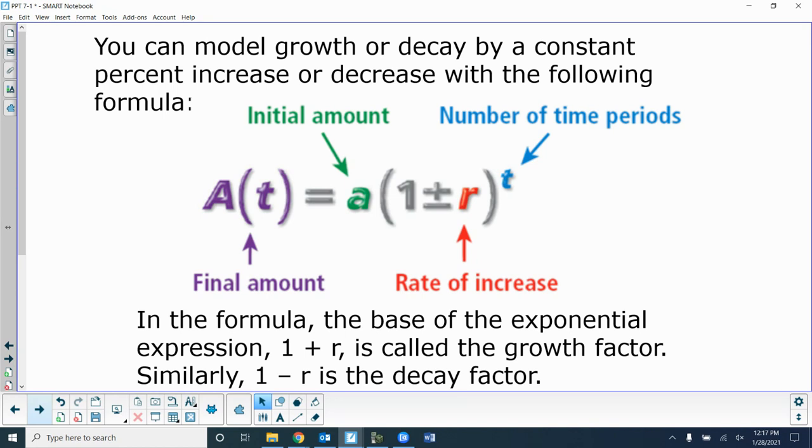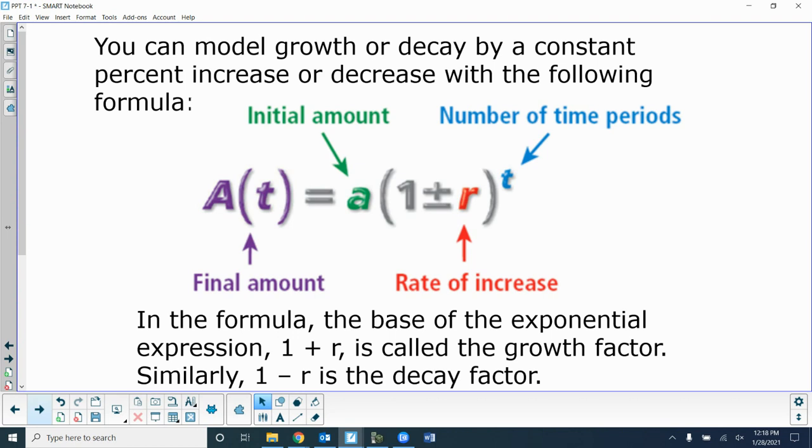So this A is the final amount, whatever it grows to or shrinks to, equals the initial amount, whatever it starts at, times the quantity 1 plus the percent increase or decrease. If it's growth, it's plus; if it's decay, it's minus. If it's an increase, 1 plus R, the rate; decrease, 1 minus R, to the T power.